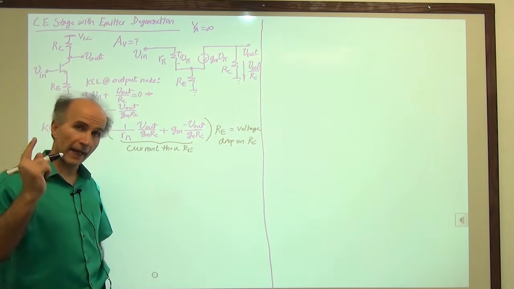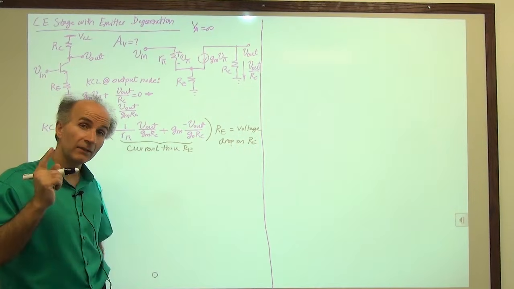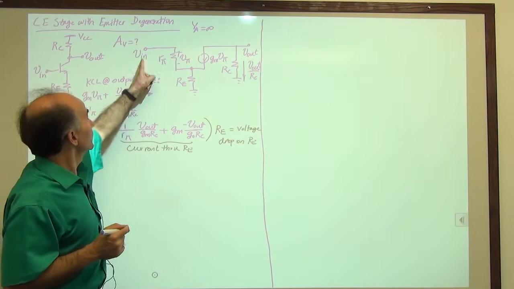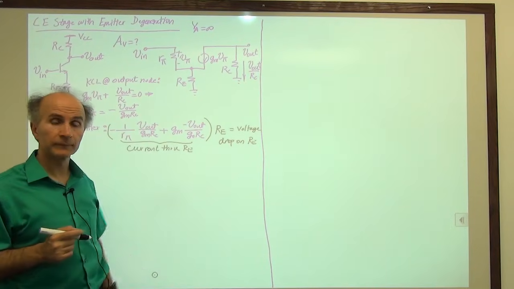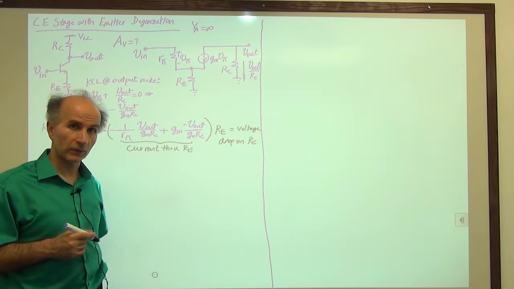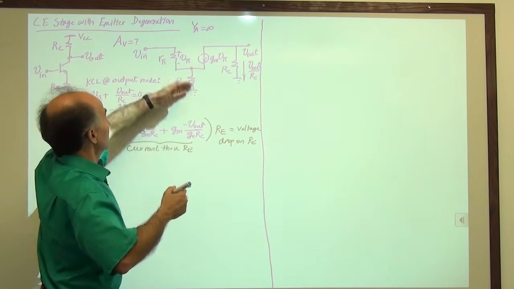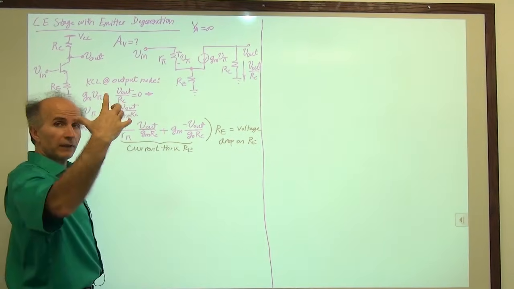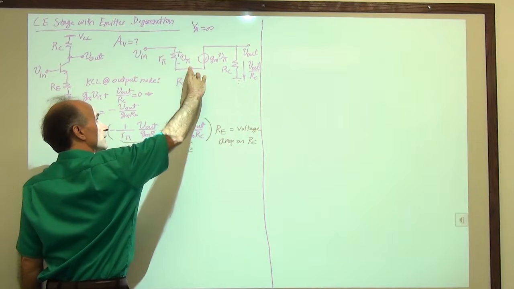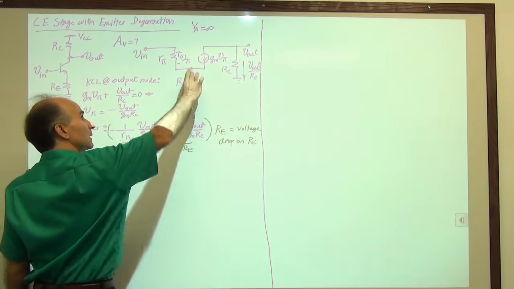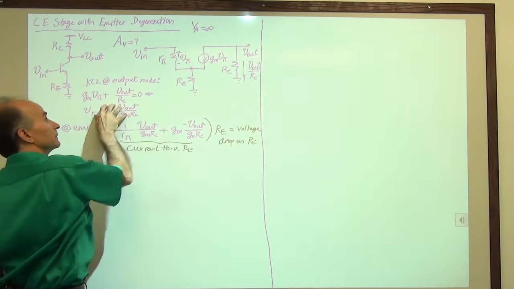Now, in the last step, we're going to write a KVL around this loop. So let's see how that goes. If I run the KVL around here, this is how I think about it. There's a voltage here, which I know. There's a voltage here, which I know.